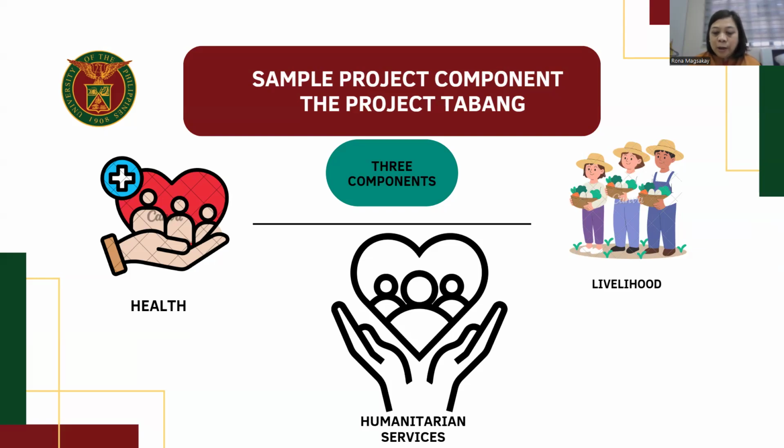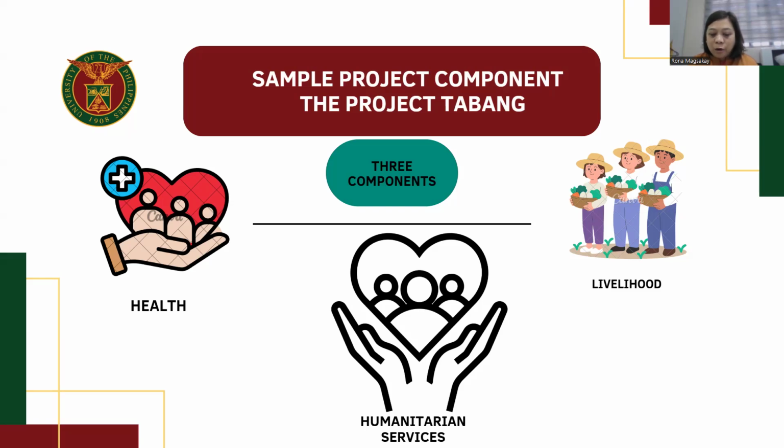The livelihood component shall deal with the provision of livelihood opportunities, like capacity building, capitalization, identified by relevant agencies. It also assists communities in enhancing their productivity, increasing household income, and promoting the value of self-reliance.